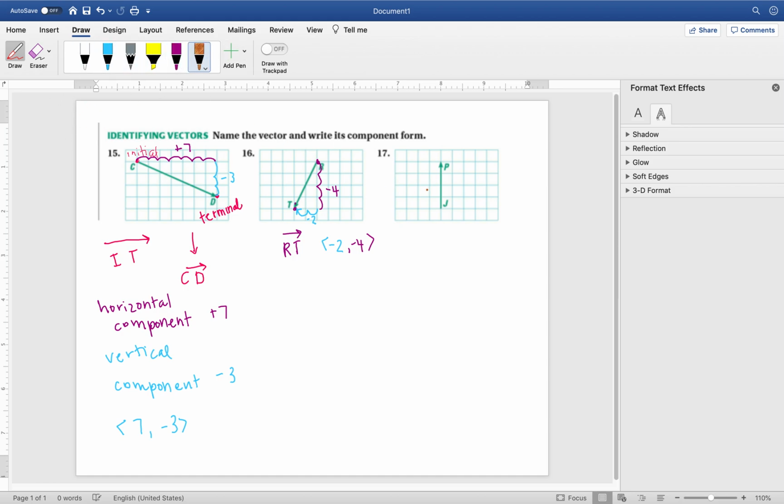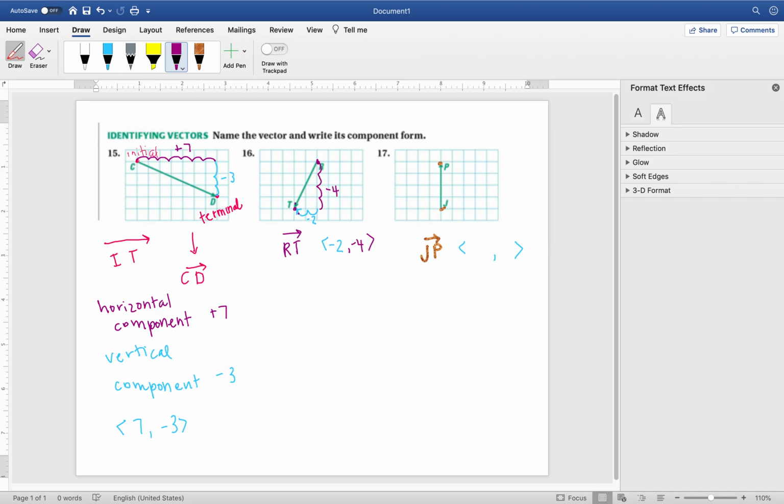And then the last one, again, initial side, terminal side. So the name of this one is JP. And then again, horizontal component, vertical component. So then I would have to look at it this way. Is there any change in the horizontal direction from J to P? And the answer is no. There's no change.